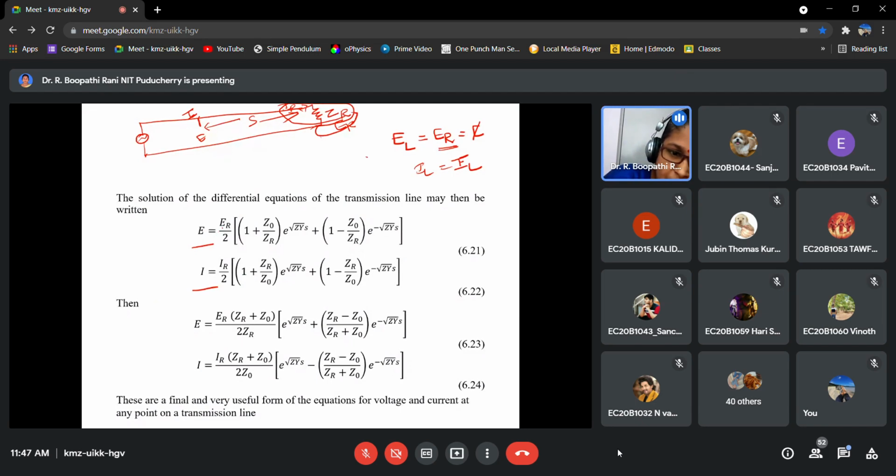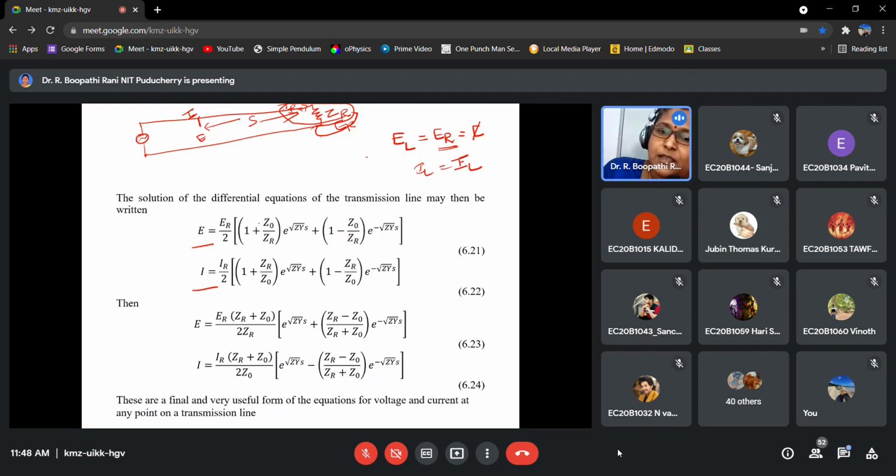That is the significance of these equations. So E can be obtained using this ER. What are the unknowns present? ER we will be measuring, and Z0 for a transmission line will be given, and ZR is the receiving end, that is the load impedance.